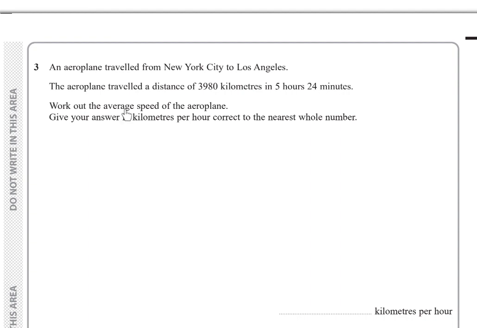We need the average speed in kilometers per hour. So we need to divide the distance in kilometers by the time in hours. We have the time in hours and minutes, so we have to convert the minutes to hours. You can convert 24 minutes to hours, divide by 60, equals 0.4.